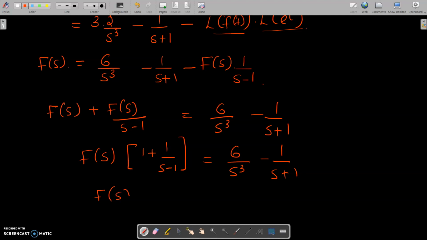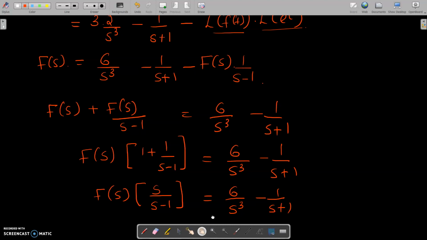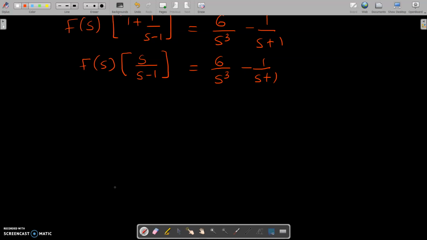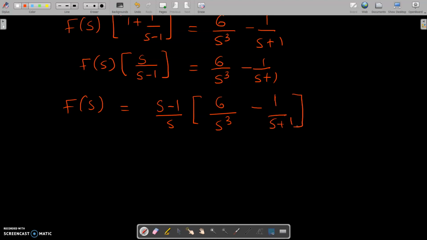That is F of s into s minus 1 plus 1, that is s by s minus 1, is equal to 6 by s cube minus 1 by s plus 1. Right? So F of s is equal to s minus 1 by s into 6 by s cube minus 1 by s plus 1.